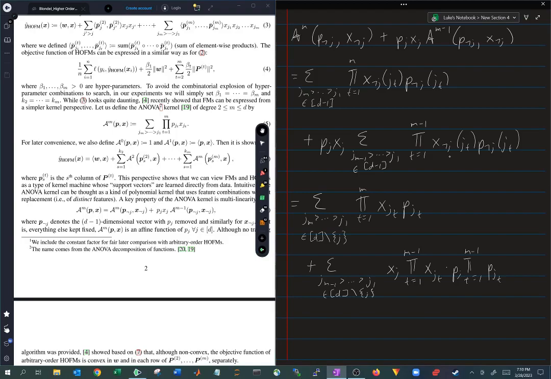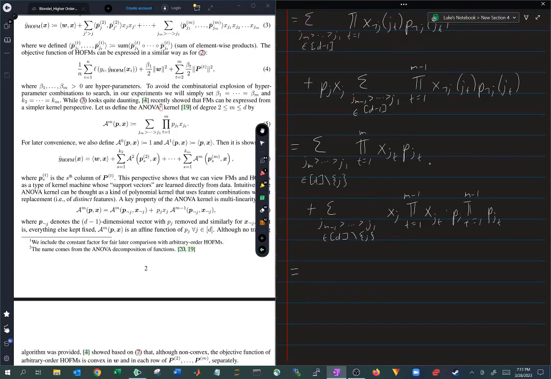All right, so now this is equal to the sum, and this next step might not be necessary, but I'm going to include it anyway.